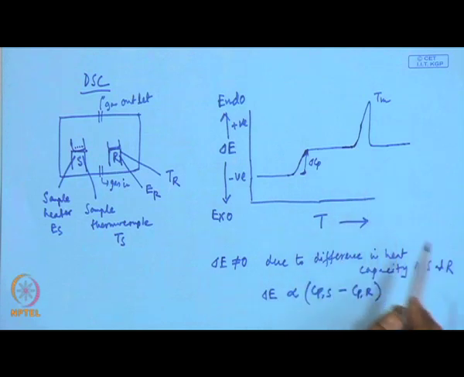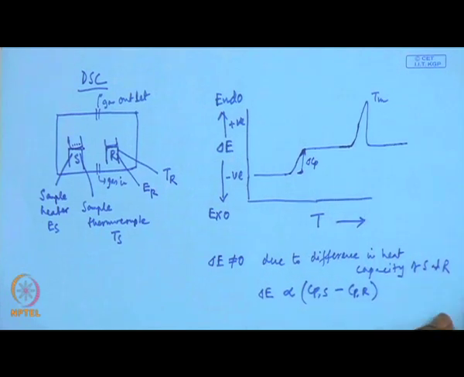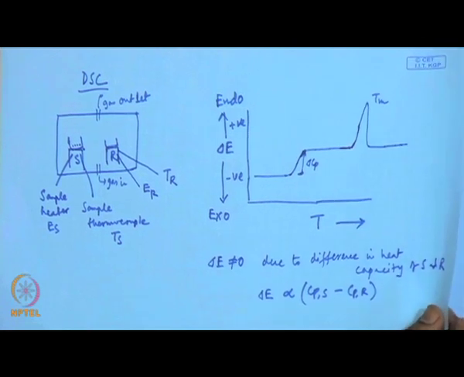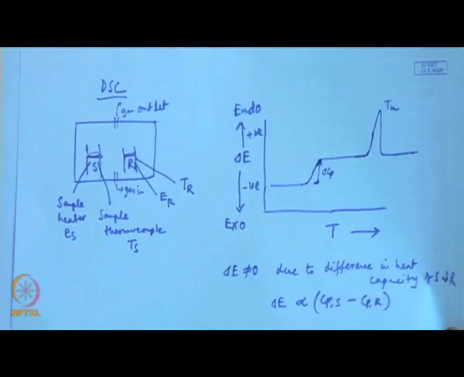Similarly, the Tm is a little less sharp compared to a small molecular melting point, because the polymer basically consists of chains having many molecular weights.